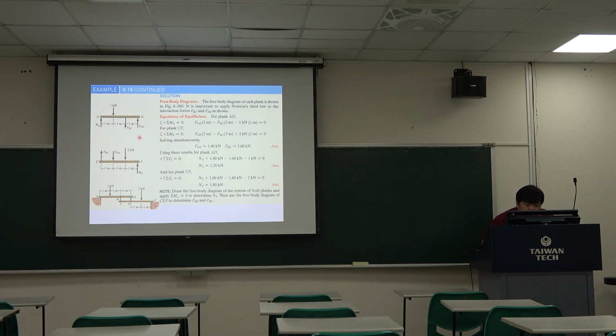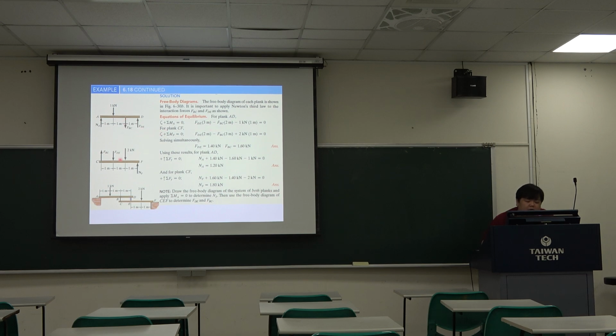So we just do the summation Fy, and the moment at any point is okay. So we just choose the moment. Okay, we just set the moment point at point A equal to 0.